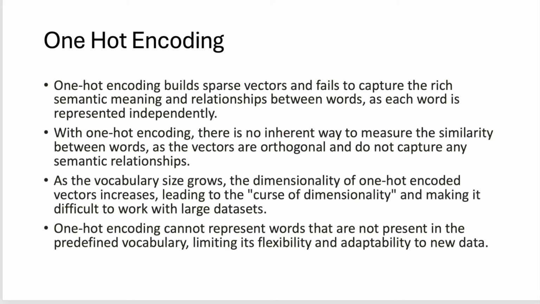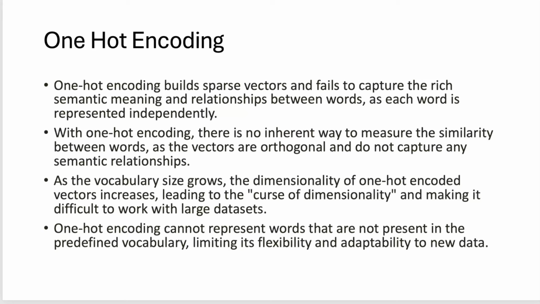As your vocabulary grows, you have to keep opening new columns, and when a new sentence comes in, you keep marking 1 or 0 depending on whether that word appeared in that sentence or not. If you have to keep opening new columns, or new dimensions as it's called in machine learning, it will lead to what is called the curse of dimensionality, and it will make it difficult to work with large data sets.